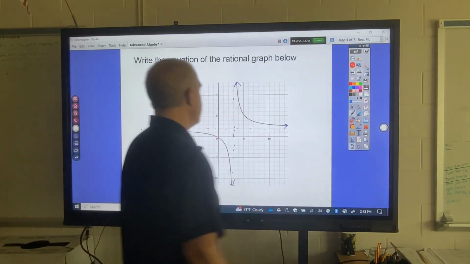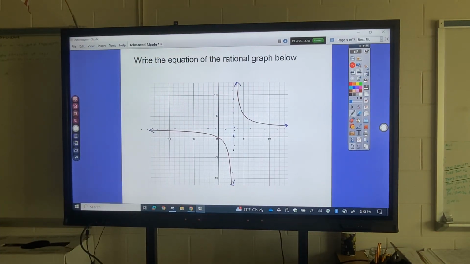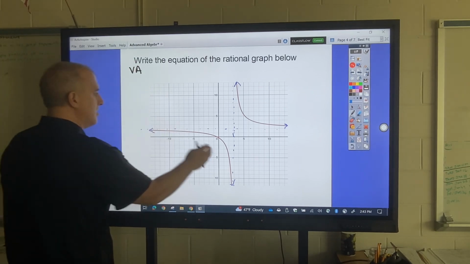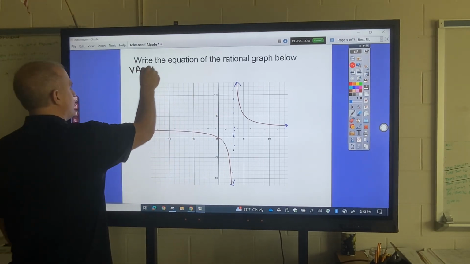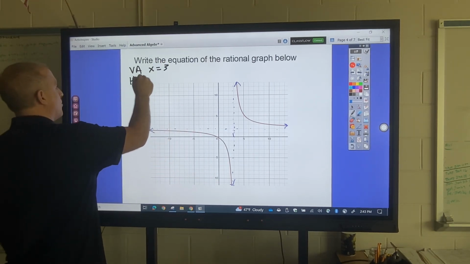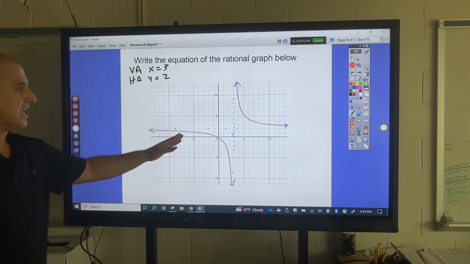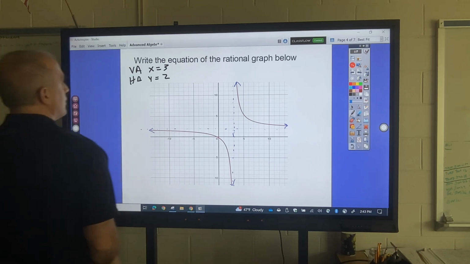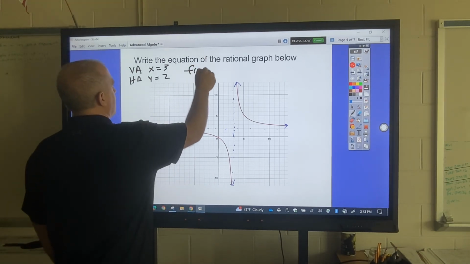Now let's look at it from a graph standpoint. What I want to do is identify the vertical asymptote. That's at x equals 3. This dashed line is the horizontal asymptote, y equals 2. And in this case, I do not have any removable discontinuities, okay? So a couple of different ways I could write that.